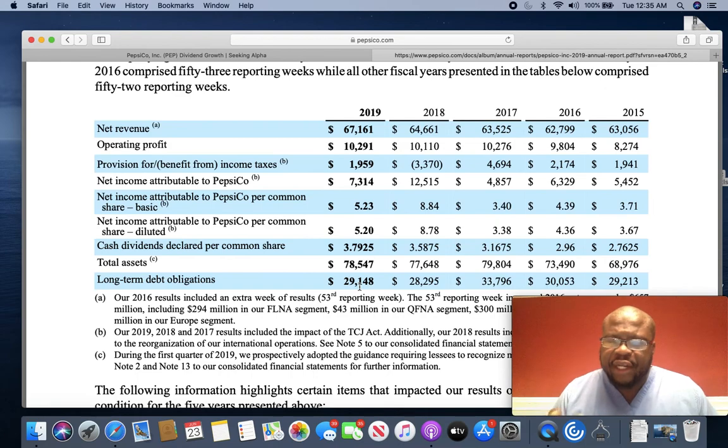Another thing I was studying, they said that you want your debt to asset ratio to be no more than 0.4, or say 40%, meaning you want your debt to be no more than 40% of your total assets. Total assets that Pepsi has is about $78 billion, meaning all their real estate, all their equipment, their intellectual property, everything they have is about 78 billion, and the debt is less than half, right?